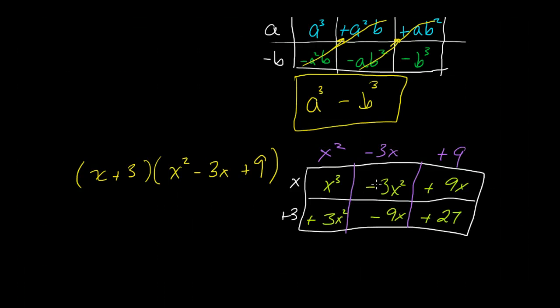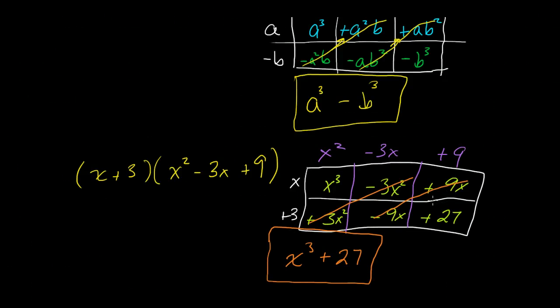Positive 3x squared minus 3x squared. Those cancel. Negative 9x plus 9x. Those cancel. And all I'm left with is x cubed plus 27. Or another way of saying 27 is 3 cubed. So here we have the sum of two cubed numbers. Please make sure you make a note of those because we're going to talk about that.